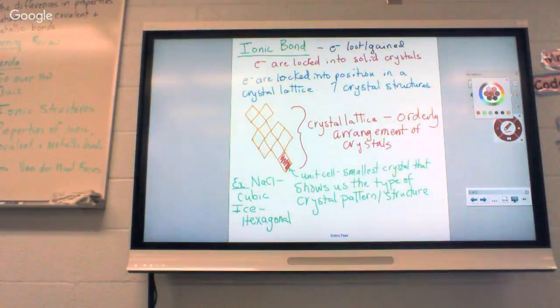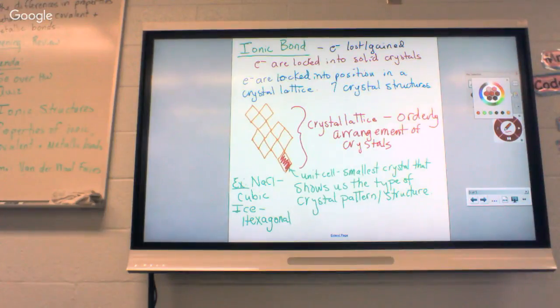And that can be as many crystals as you want, depending on how big it is. If you had a giant chunk of marble, it would be millions of crystals. But the unit cell tells you the structure of whatever crystal you have. Now, there are only 7 crystal structures.